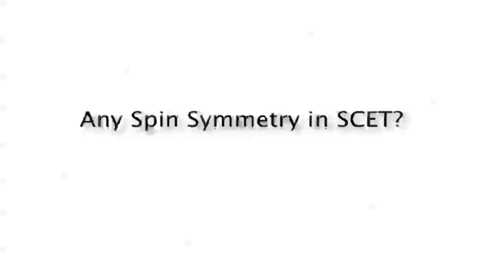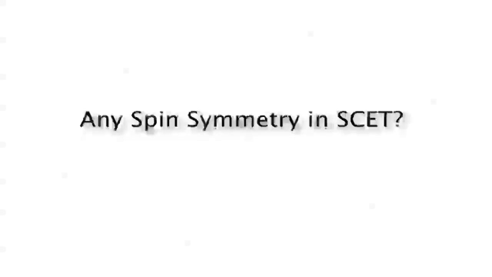But if the collinear fields were non-perturbative, then you should worry about those other things as well. Okay, so spin symmetry, there's not really anything new there to talk about. But along the way, we saw we could write SCET in 2-component form, which is kind of nice. So let's talk about something that's more important, which is gauge symmetry.